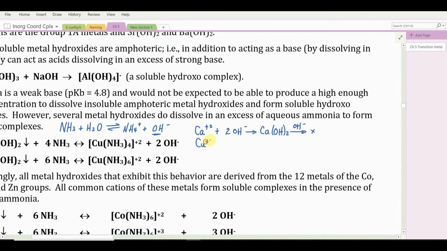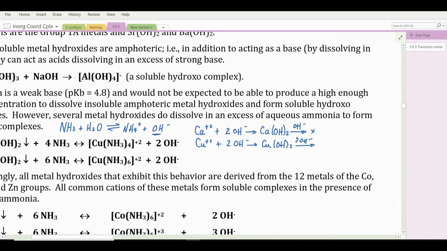Copper 2, on the other hand, behaves a little differently. It will precipitate with hydroxide, forming copper 2 hydroxide, but it will redissolve.